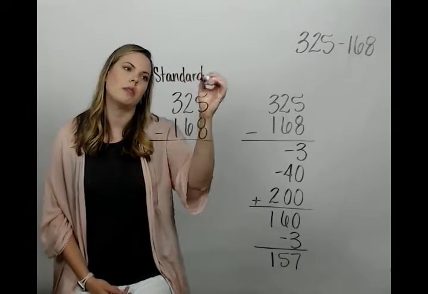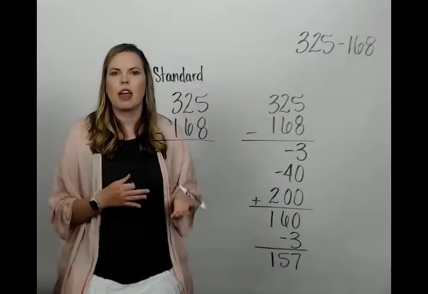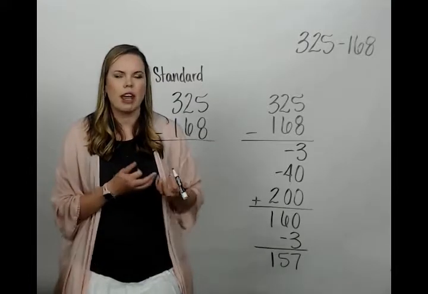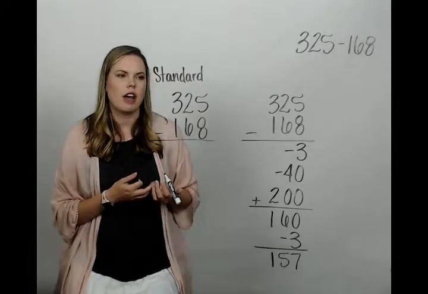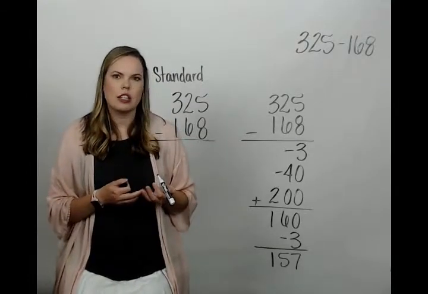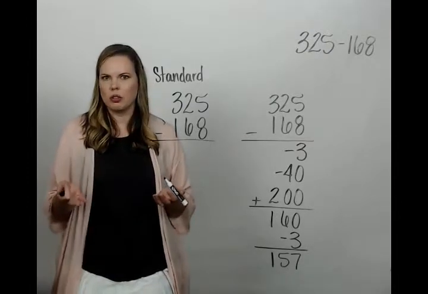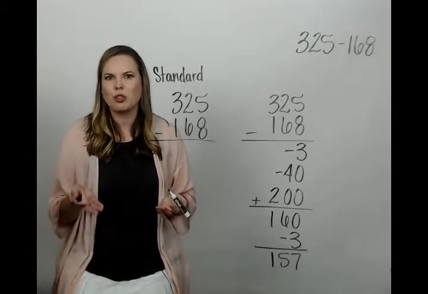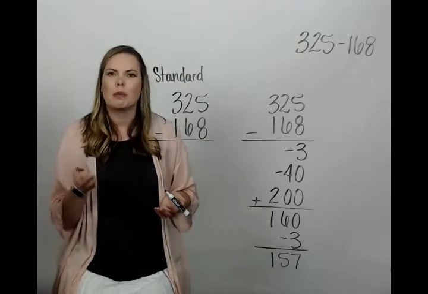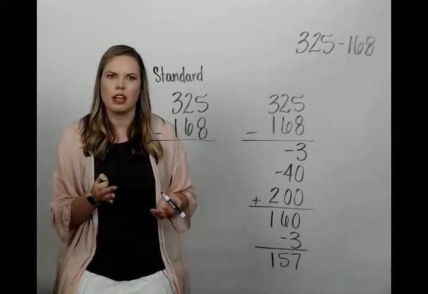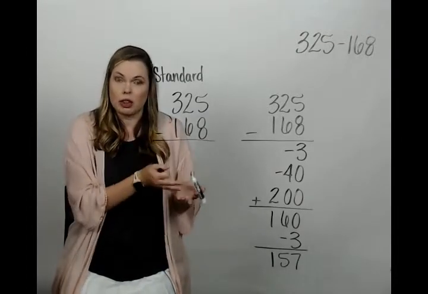I'm gonna do 5 minus 8, well, we don't have 8 ones to take away. We just have 5. And so what we can do is go, oh, well, I do have 2 rods, or I have 2 tens. Let me break down one of those tens and put them in with the ones.